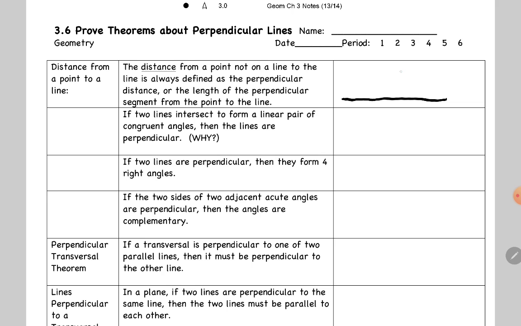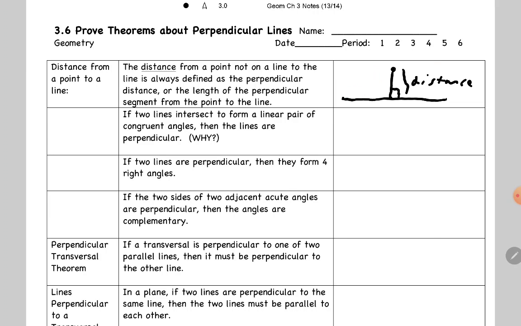So if we're trying to find a distance from a line to a point, we always measure the distance perpendicular to that line. We don't measure it from the left side or the right side. That's just too long. The closest distance to that line is the perpendicular distance.